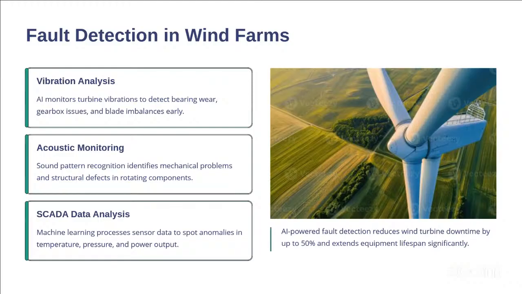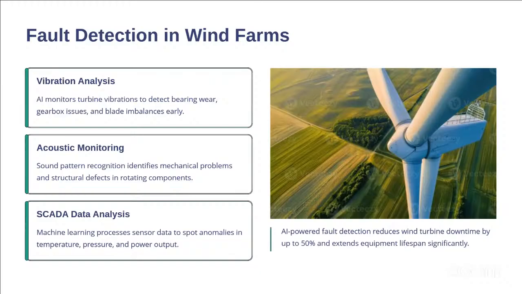So that particular device has to withstand those mechanical forces and natural calamities. In that aspect, AI is used to monitor the vibration of the turbine. At the same time, it is used to detect issues in the bearings, the blades and the gearboxes.